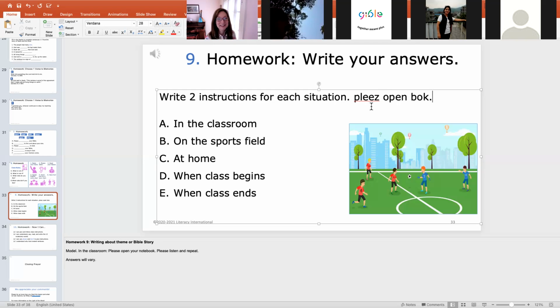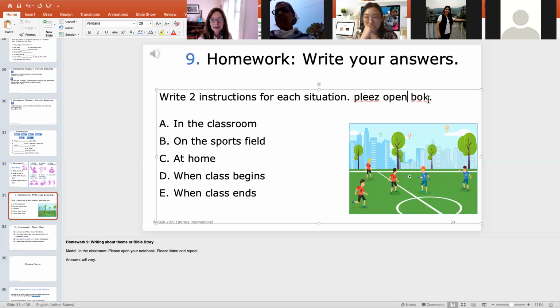This is a typical answer we will get from a beginning student. Please open book. And we might say on that, okay, great job. You put a period at the end of that sentence. So good job remembering the punctuation. And the word open is perfect.